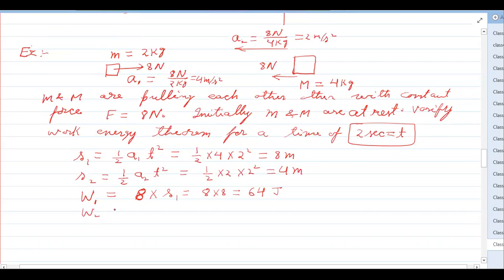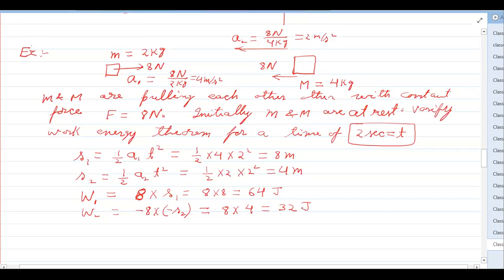Similarly, work W2. The force is acting in the backward direction and displacement is also in the backward direction. Both are in the same direction finally. So we can say minus 8 and minus S2, because both are in the negative direction. So finally we have 8 into S2. S2 was 4, so that is 32 joule.